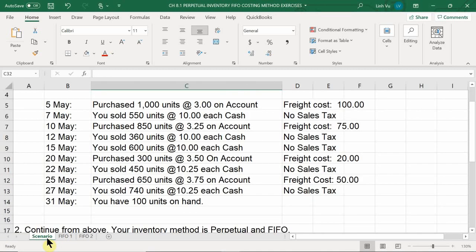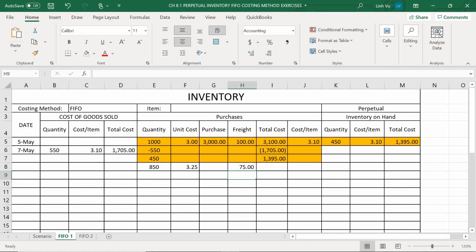Right, let's see. 850, $3.25, $75. Okay, so there we have it.